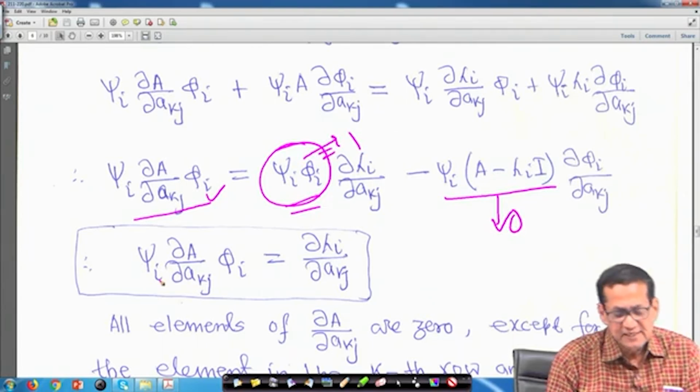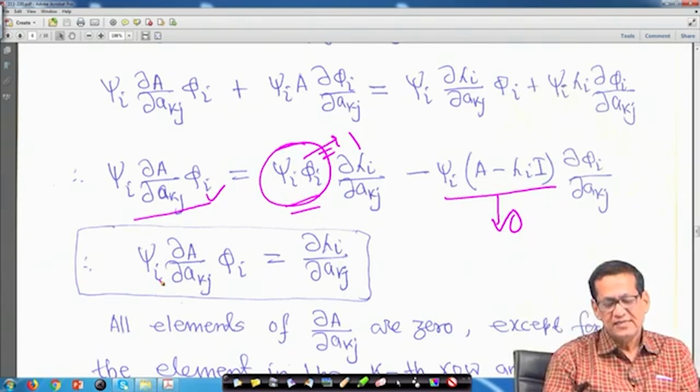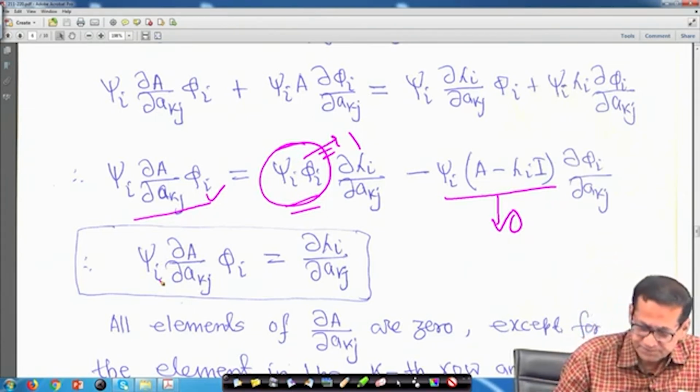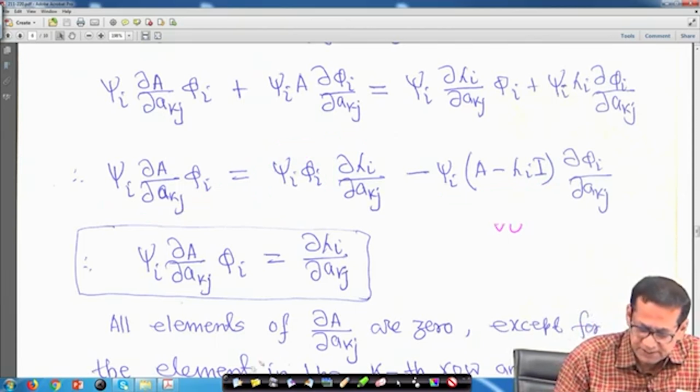Therefore, psi i delta A by delta a k j phi i is equal to delta lambda i by delta a k j.